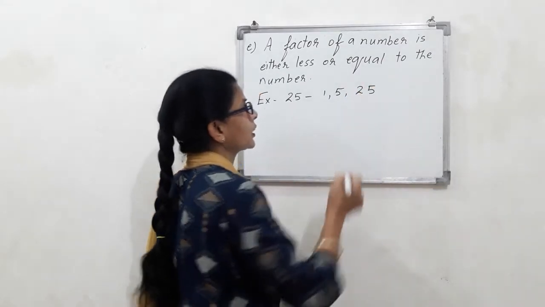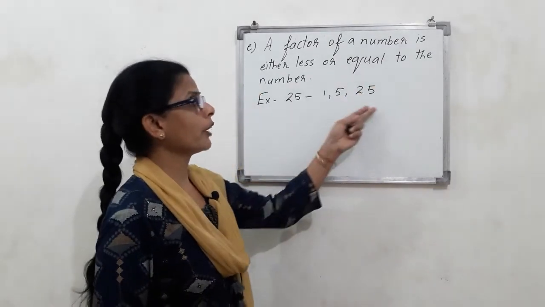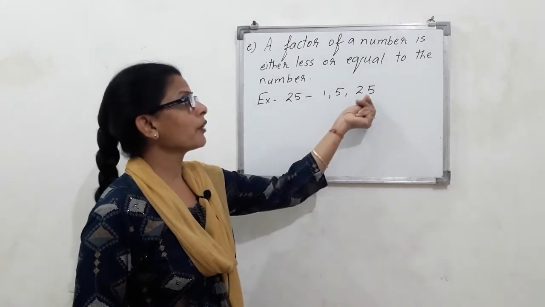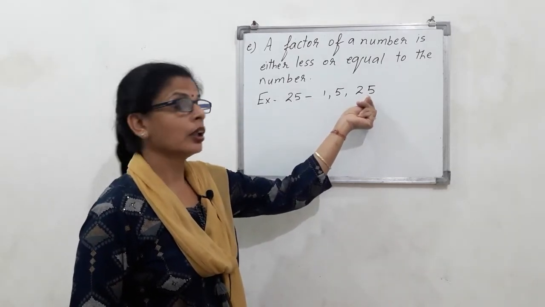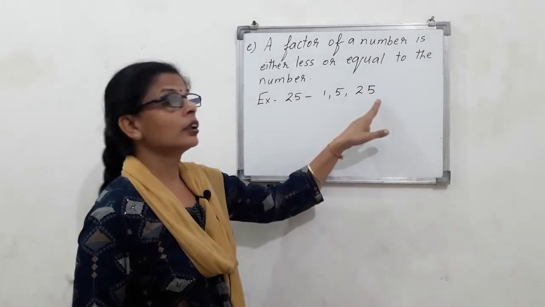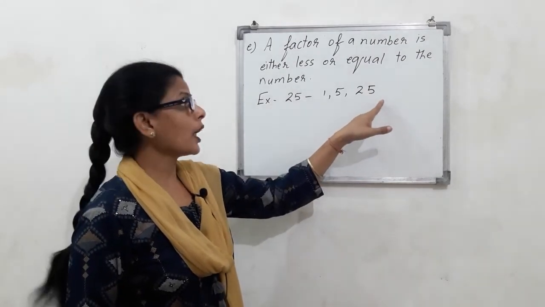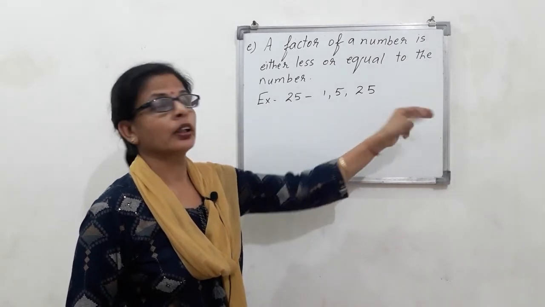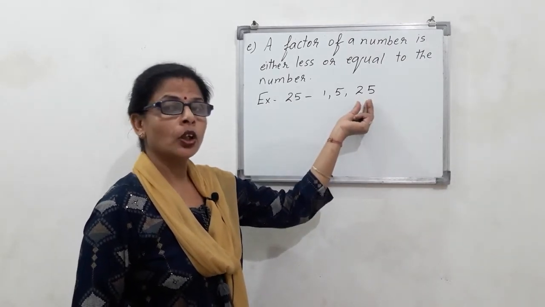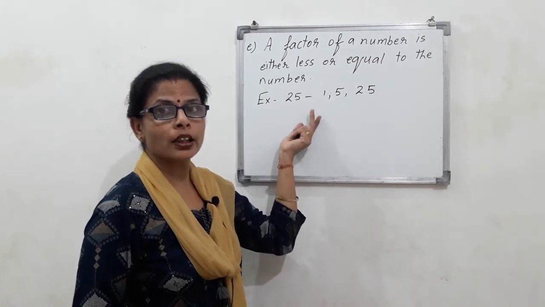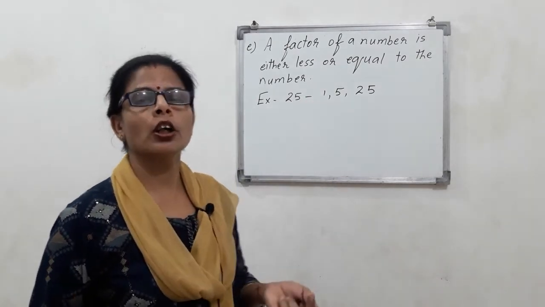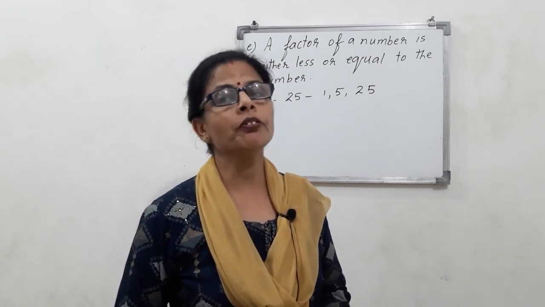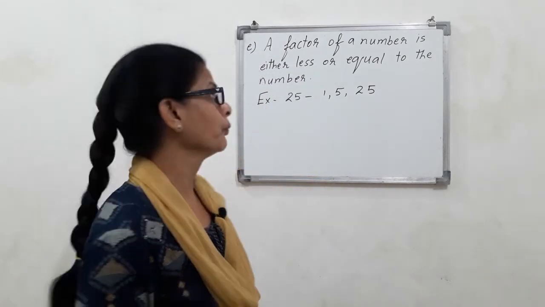So the factors of 25 are 1, 5 and 25. 1 is the smallest factor and 25 is the biggest factor. The numbers are less than 25, but they are not more than 25. It is equal to 25 or it will be less than. But 0 will not be the factor of any number. 0 is not the factor of any number.